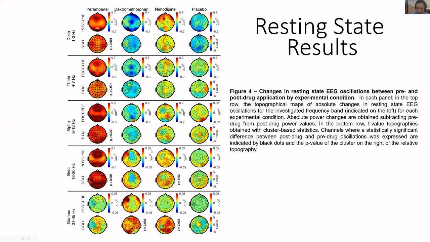We had some results for resting state for nimodipine and in the gamma band for dextromethorphan as well. But still, I had some problems in wrapping up the results because this prominent effect in resting state was to some extent in contrast with the absence of results for TMS-induced oscillations.